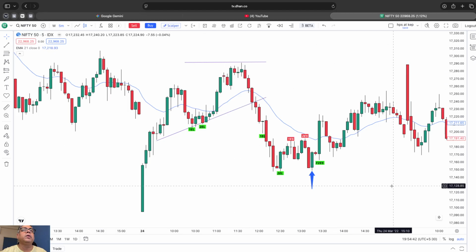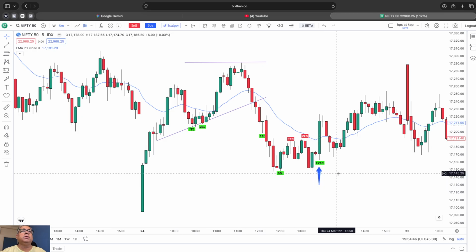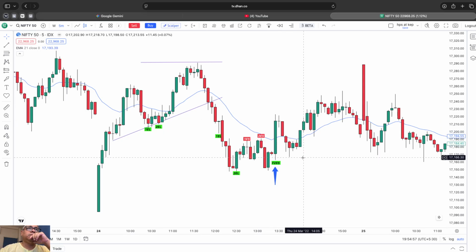So this is one signal that you can go long. But this was a huge bar. You definitely need to wait for the pullback. Market pulled back, and then this bar could have served the purpose.